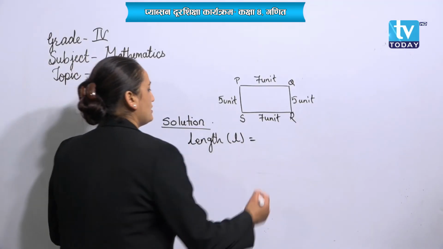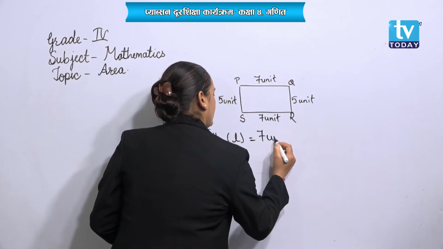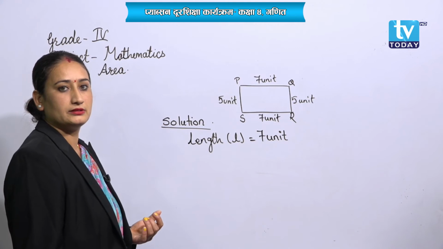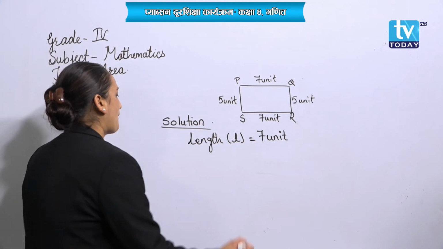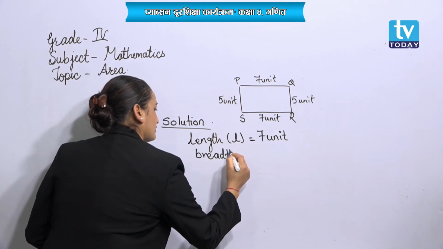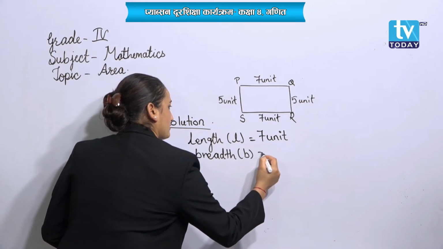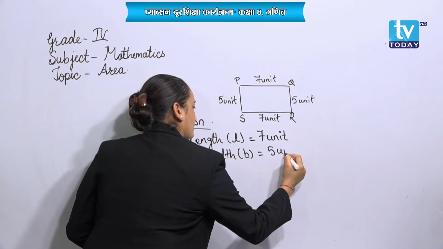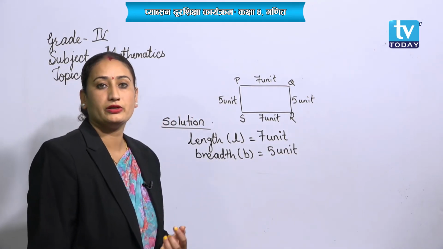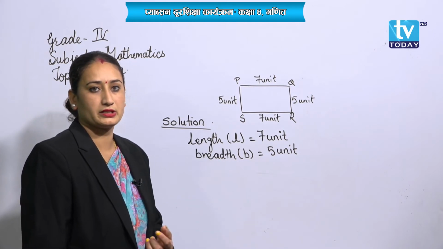Please write down 7 units. Then please go on writing the breadth. Breadth B equals 5 units.